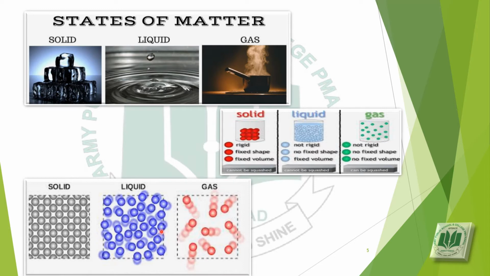In liquid state, we can observe there is a little bit of space among the particles of this state. And in gas state, there is huge distance or gap among the particles of gas state. So, the arrangement of these particles can define the shape of that substance.